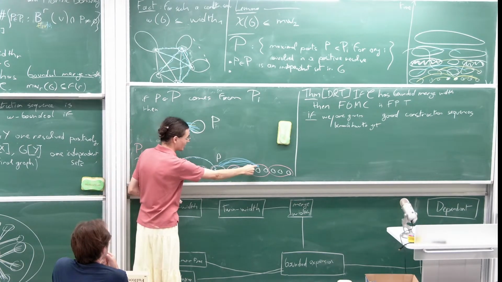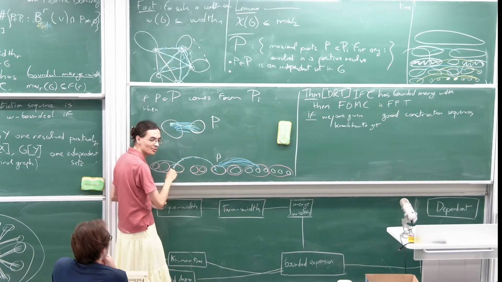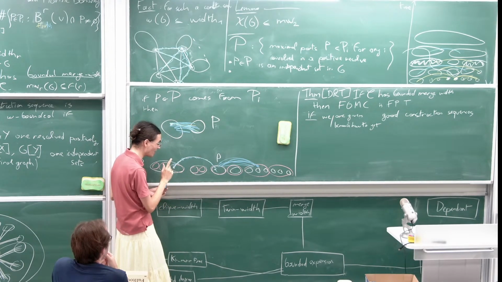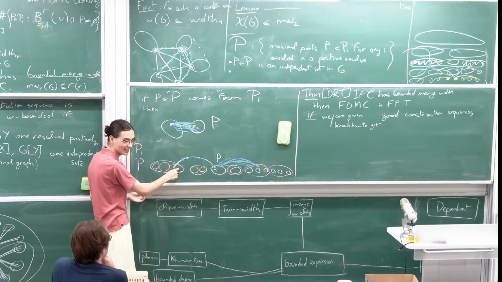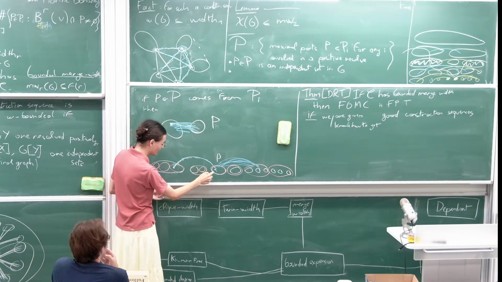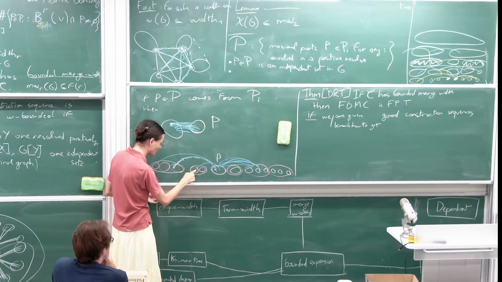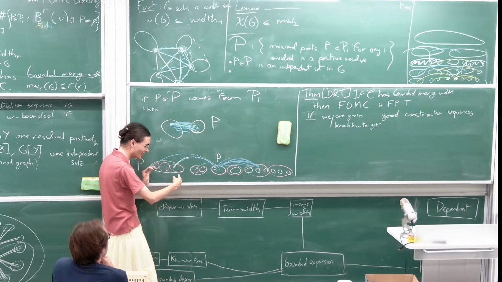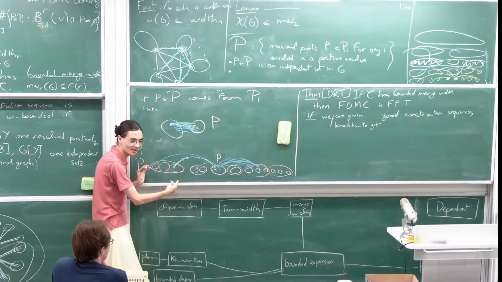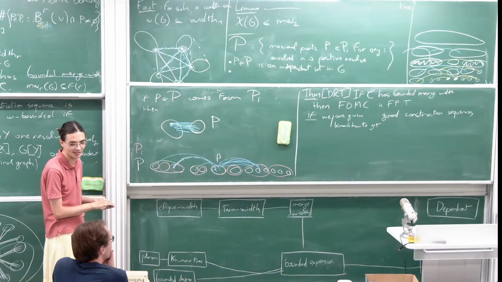But we know that at time I, if I look at the ball of radius 2 on this vertex, you don't see too many things. So you don't see too many parts, but for which partition? It's the partition at time I, which is these red things. But that means P cannot be adjacent to too many red parts here. And then the white parts are bigger, and the white parts are the ones I care about. If you are not adjacent to too many red parts, you are also not adjacent to too many white parts. And this is the degeneracy proof.